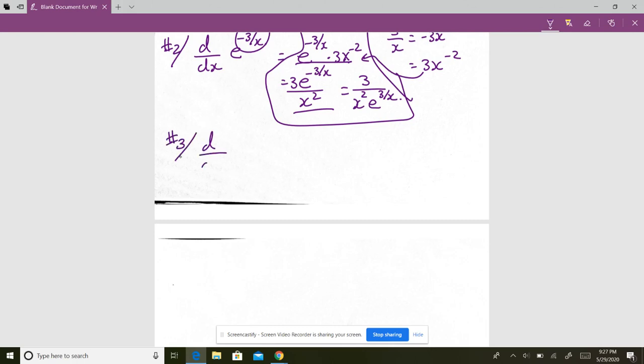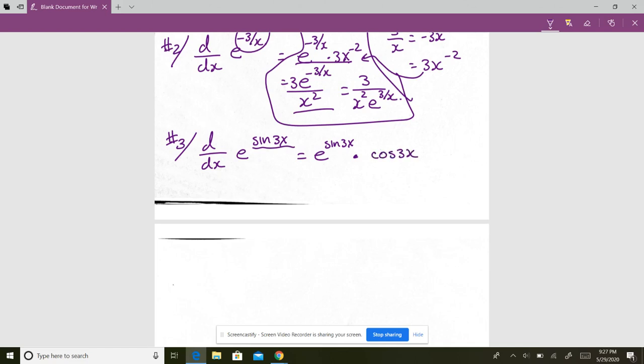So we'll do the derivative of e to the sine 3x. Okay. Rewrite the function. Multiply by the derivative of the exponent. So this is a chain rule question. What's the derivative of sine? It's cosine.